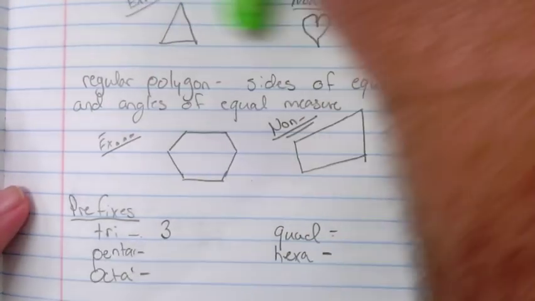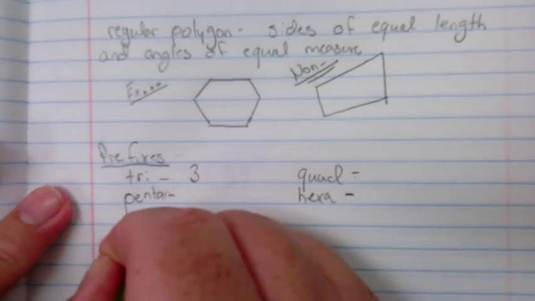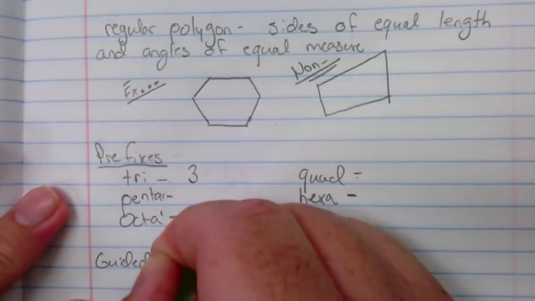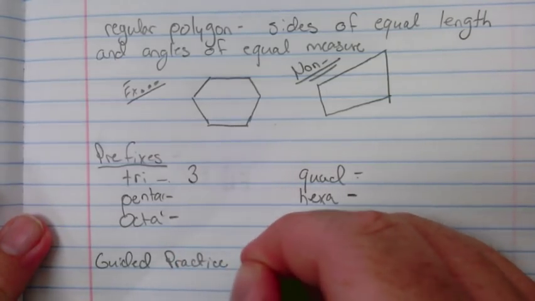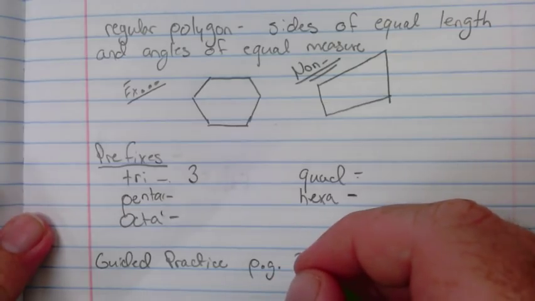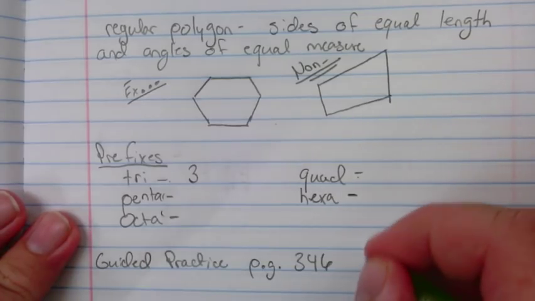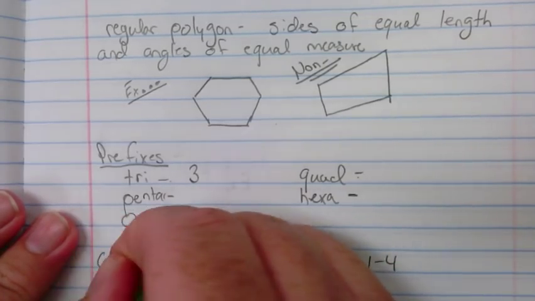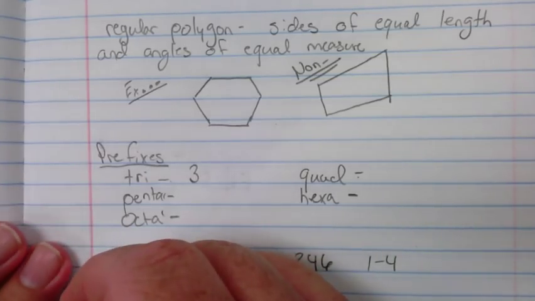And finally, our guided practice is on page 346, numbers 1 through 4. When you finish this, I'm going to check your prefixes, and I'm going to check your guided practice before you move on.